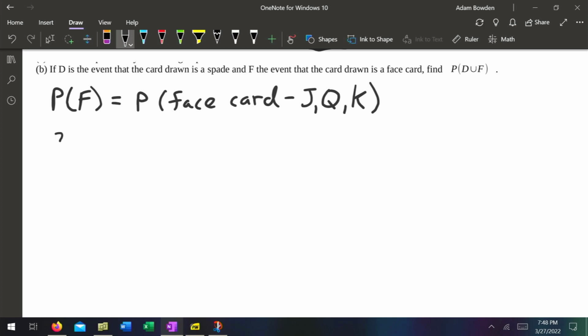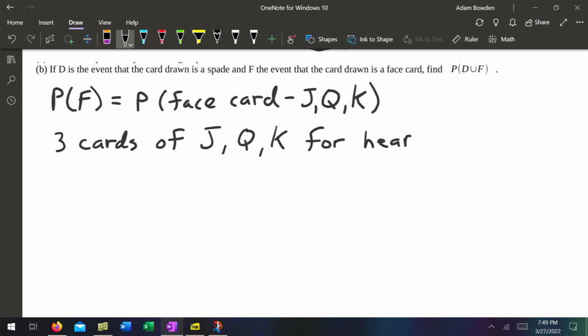So how this works is there are 3 cards of the face card varieties, jack, queen, king, of each suit. So there's for the suits of hearts, spades, diamonds, and clubs.